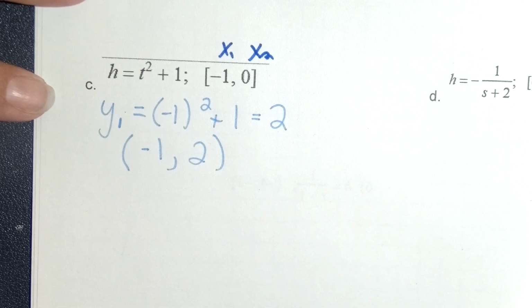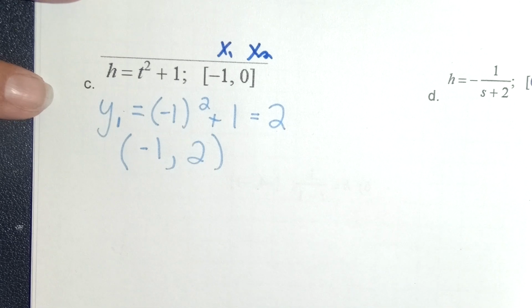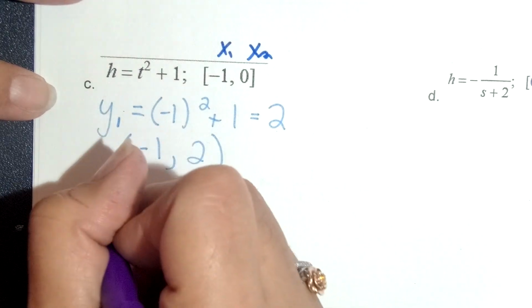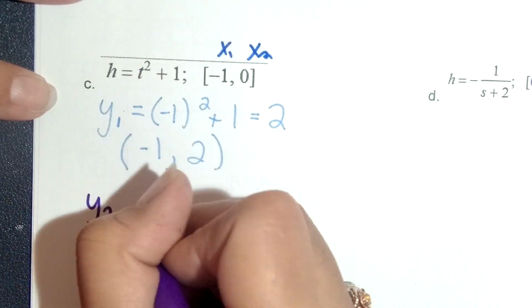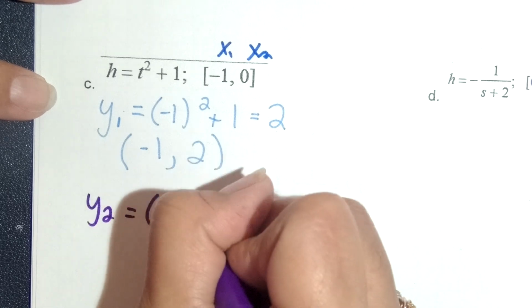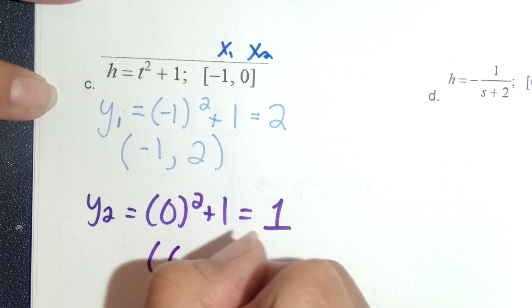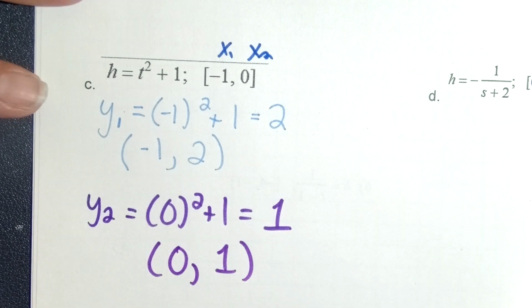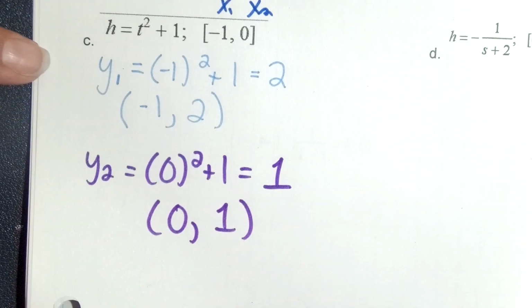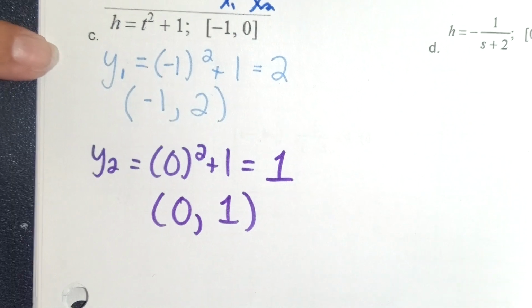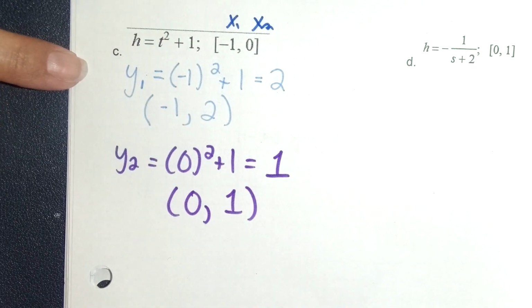How do I find my second Y2? And what's X2? 0, very good. So Y2 is going to be 0 squared plus 1, which is 1. So my next coordinate is 0, 1. Now do I have 2 coordinates to find the average rate of change?